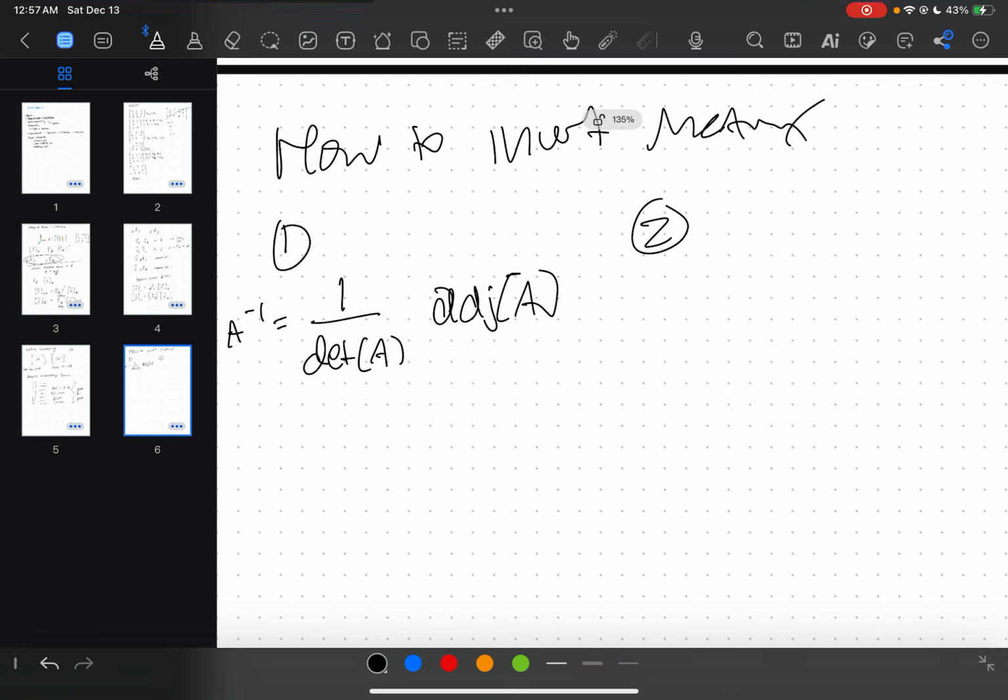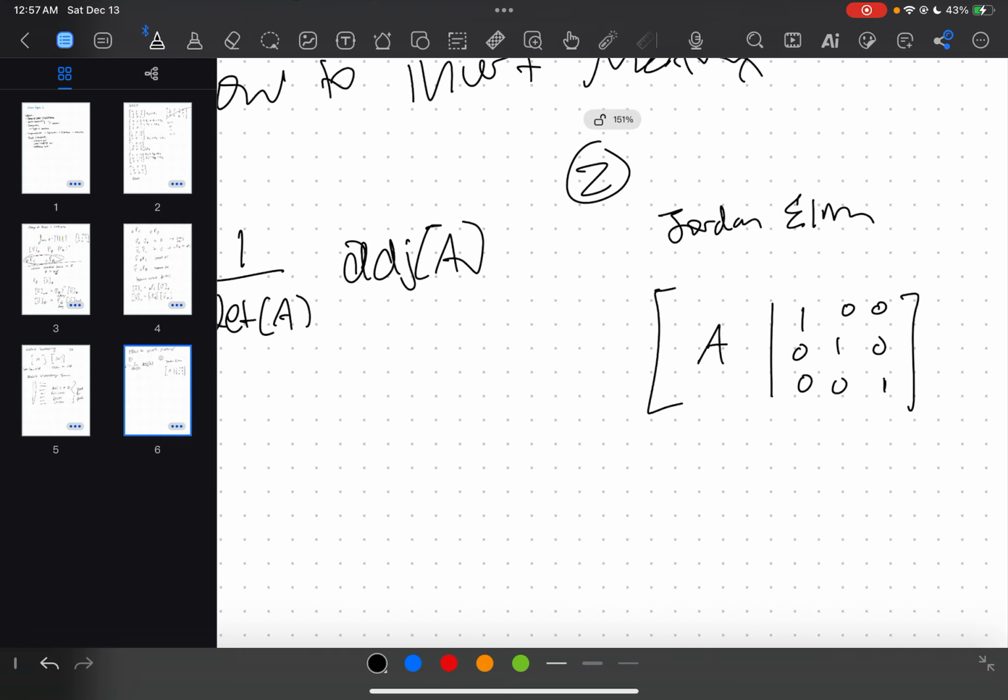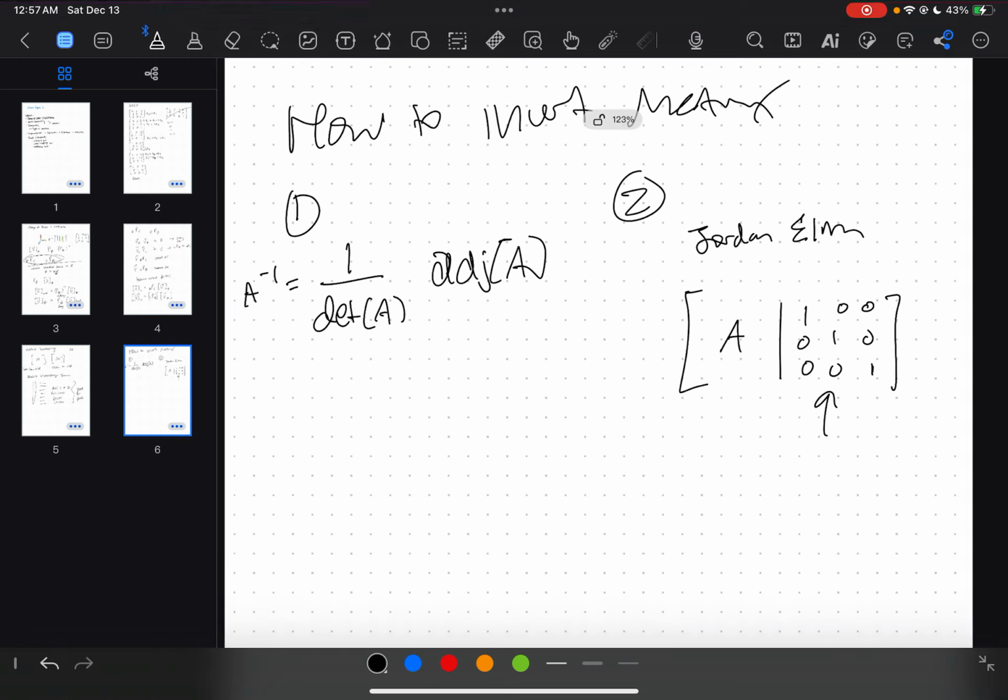The other method is Gauss-Jordan elimination. It's where you take A and the identity matrix, you perform RREF and make sure to update this one too.